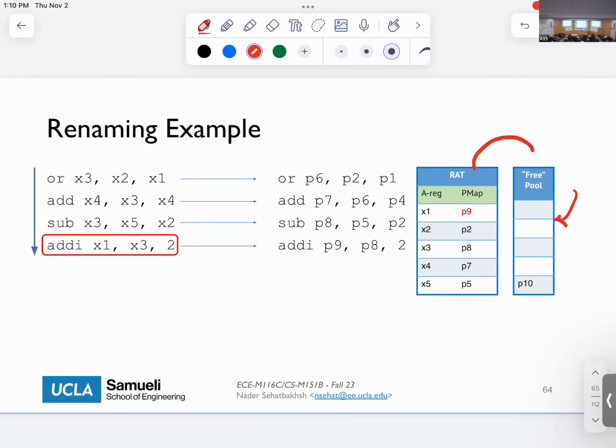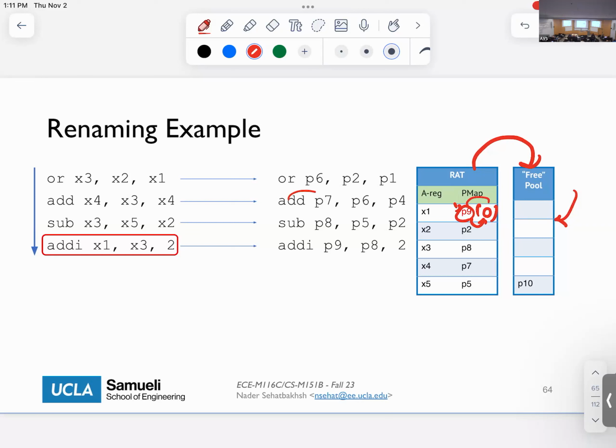All you need to do is put this register in your free pool. So after we go through a bunch of instructions, at some point do we flush the RAT? No, you don't need to flush it. Essentially, there is always an older and a newer. Whenever you have a new one, you put the older here and the newer here, and then you just keep continuing.